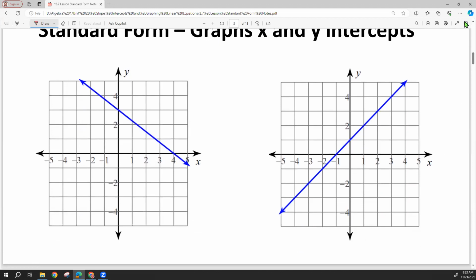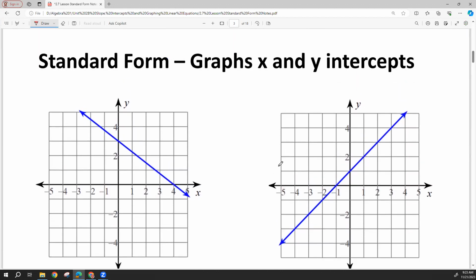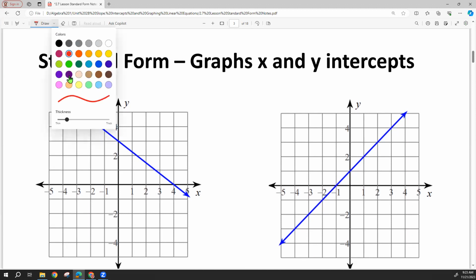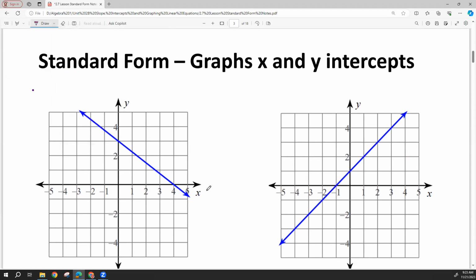We can find those intercepts as well if we have the graphs of lines. So let me show you what an x-intercept looks like if you couldn't already visualize it. The x-intercept is the place where our line crosses the x-axis, this horizontal axis. The place where our line here crosses this axis is right here.